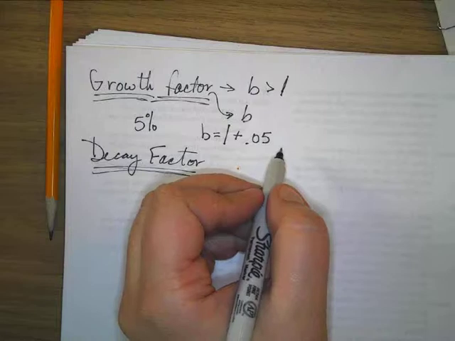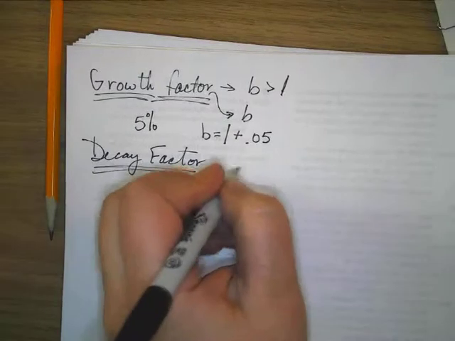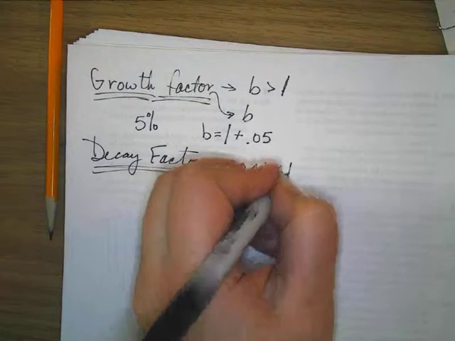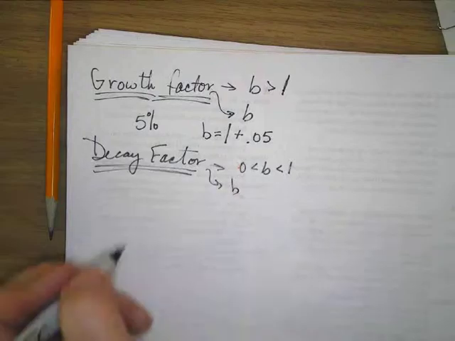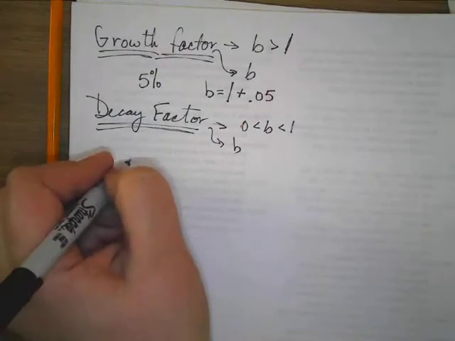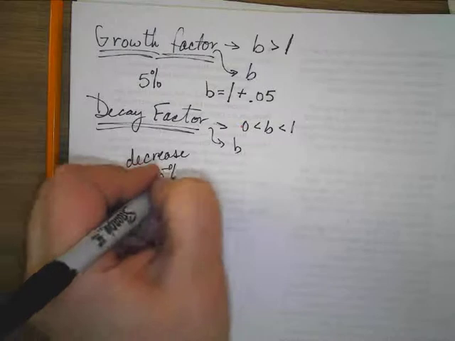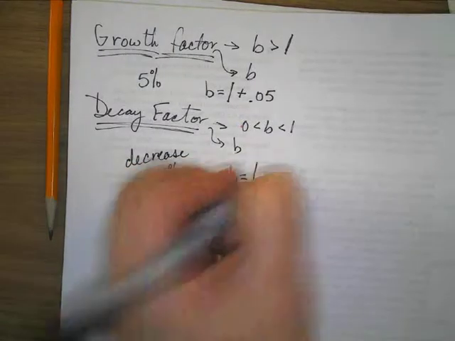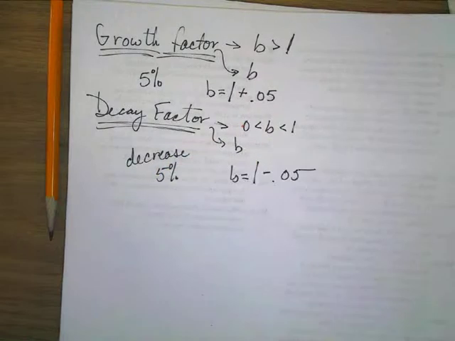You would subtract your percent rate. Once again, b is the decay factor, but if we're going to decrease by 5%, our b would be equal to the 100% we start with, but we decrease by that percent rate. We'll formalize that here in a second.